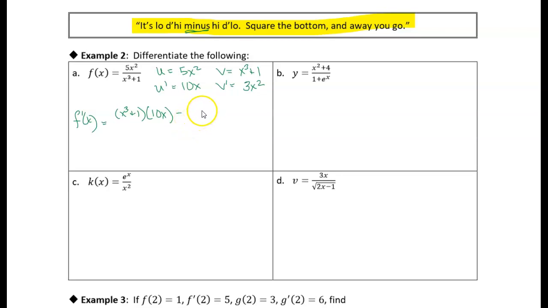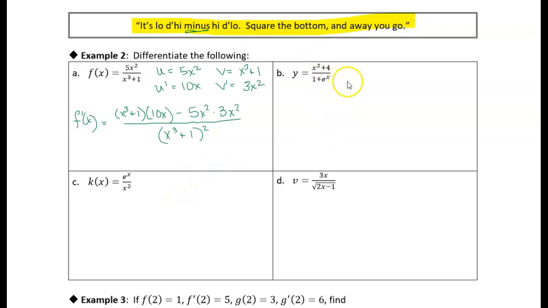So that's low d high minus high d low, all over low squared. So that's x cubed plus 1 quantity squared. That's all there is to it.